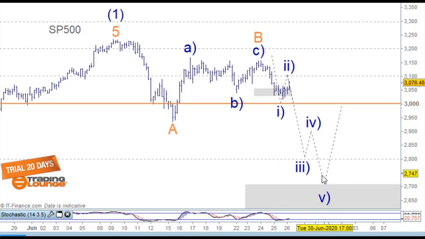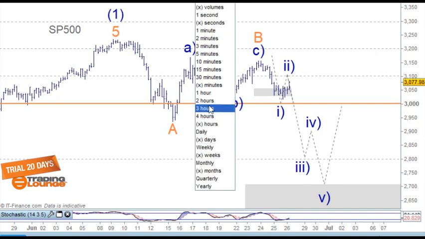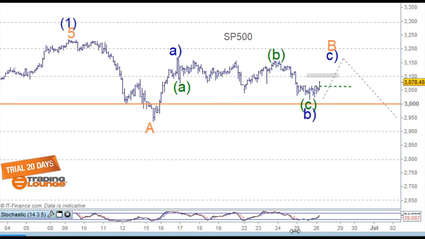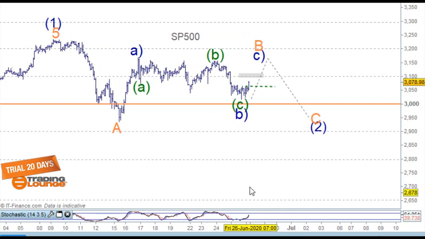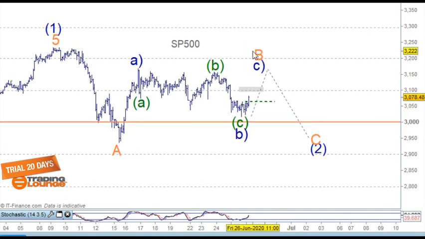Now, there is another little problem that we've got with this situation, unfortunately. So I'm going to put that on the 2-hour chart. And this here has a different corrective pattern with a more extended wave B here.